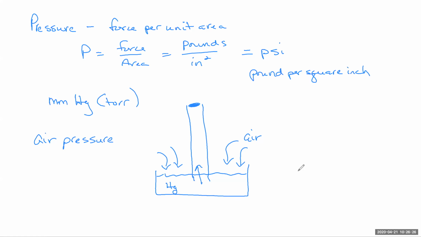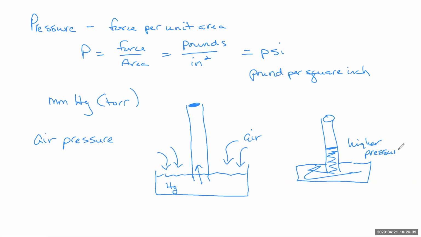So if you were at a high pressure situation, the mercury level inside of the tube would be very high. And if you were at a lower air pressure scenario, the level would be lower.